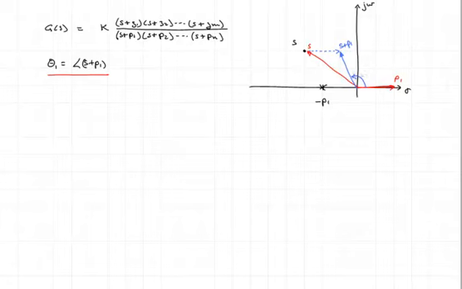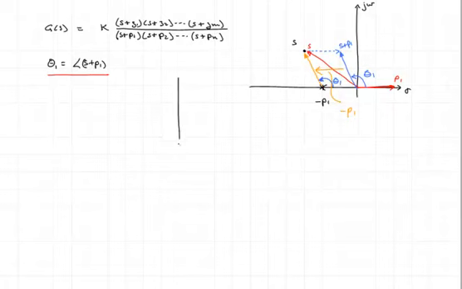This angle here is theta 1. But notice that this s plus p1 has the same angle as this vector pointing from minus p1 to s. In other words, it's simply shifted by an amount minus p1. So in the end, this angle here is also theta 1.